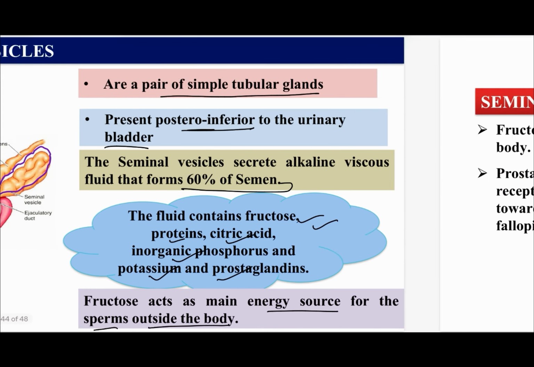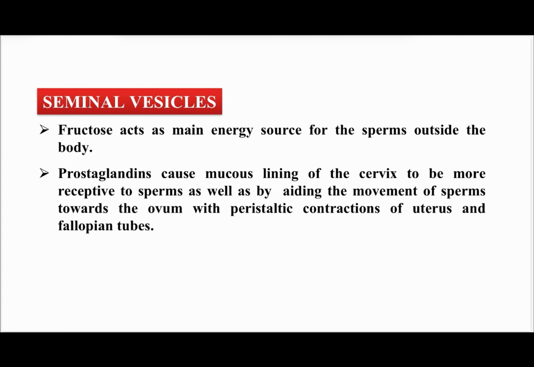Now, continuing with the seminal vesicle, we have mentioned the same thing on the previous slide. Prostaglandin causes the mucous lining of the cervix to be more receptive to sperm.